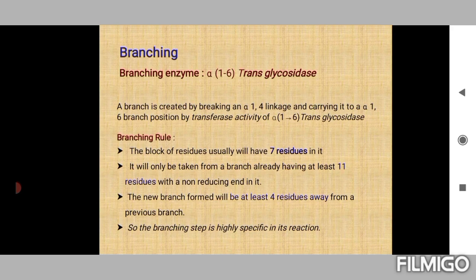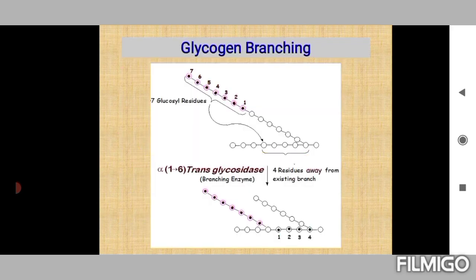So these are the rules, and we can see the illustration here. This is a straight chain, and this also is a straight chain. A segment cannot be taken from here because it does not have 11 subunits, but it can be taken from here. This stretch has 11 or more subunits, from which 7 subunits are removed by the branching enzyme.